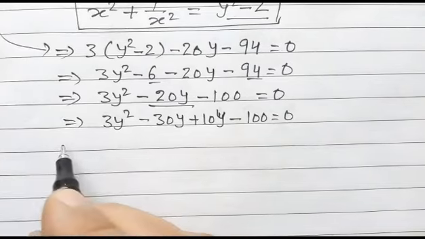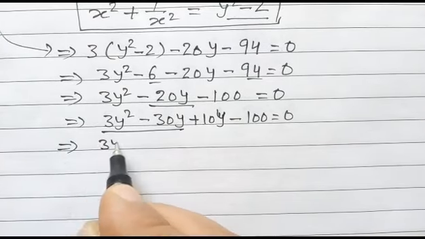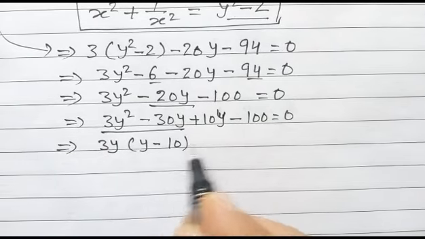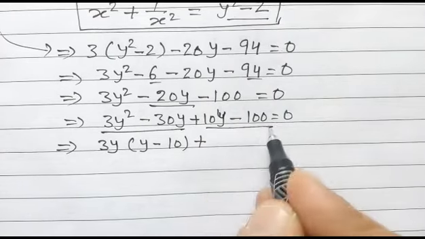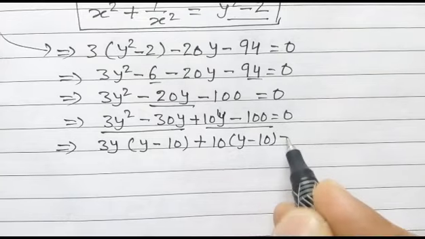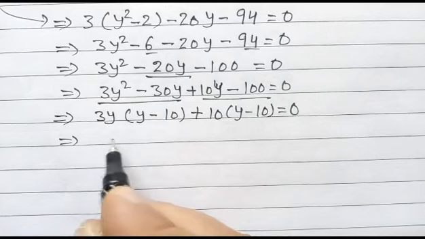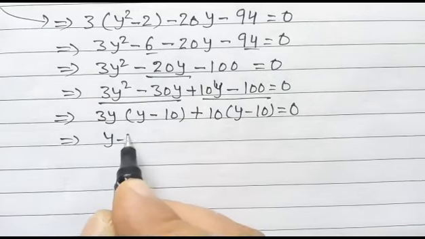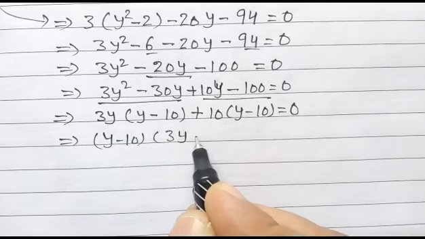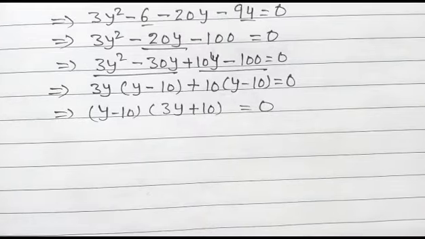Okay, so 3y as common, and 10 as common, so (y − 10) is common. So we have the factors (y − 10)(3y + 10) = 0, right?